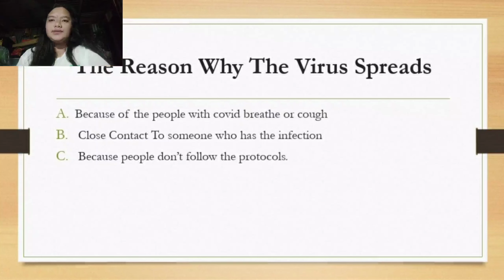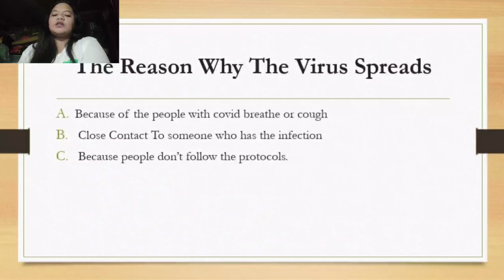Many people do not follow the protocols, such as not wearing a mask and face shield, which can cause you to be infected with the virus. It is also often the reason why the virus spreads.